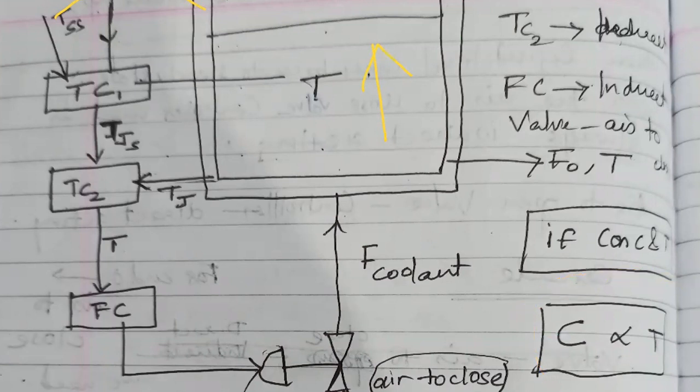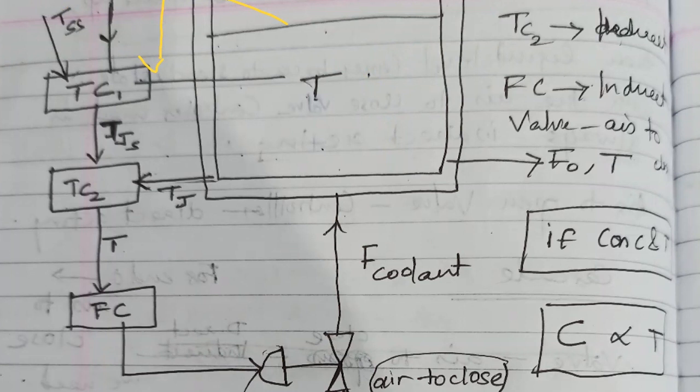You will tell the temperature controller to decrease. So increase is the input, decrease is the output. So the concentration controller will be indirect acting.